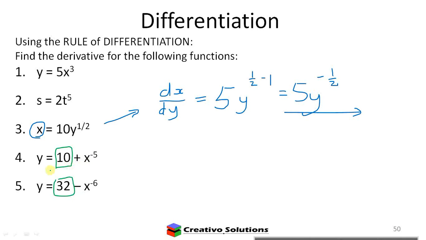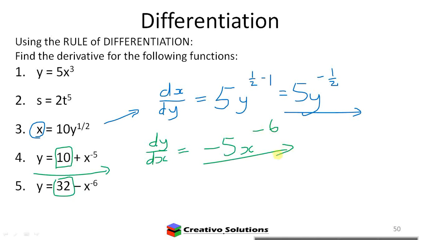So with an expression like y equals 10 plus x to the minus 5, you just drop off all the constants. So dy over dx is equal to, what's minus 5 times 1? Minus 5. x to the minus 5 minus 1, minus 6, and that's the derivative.